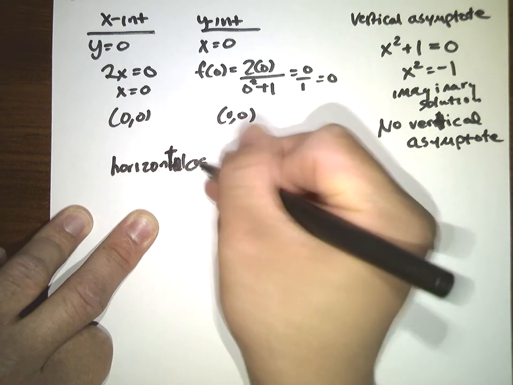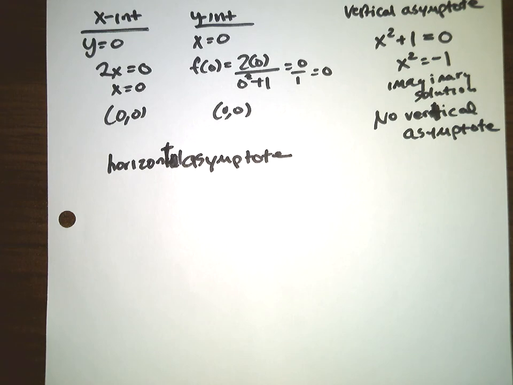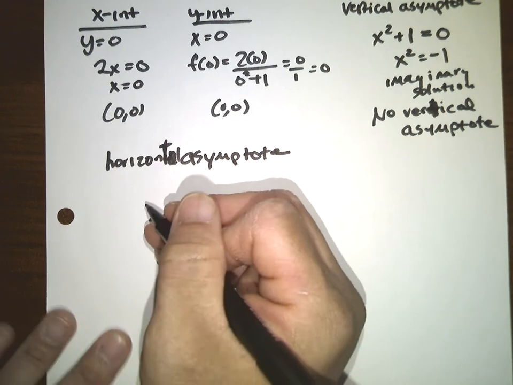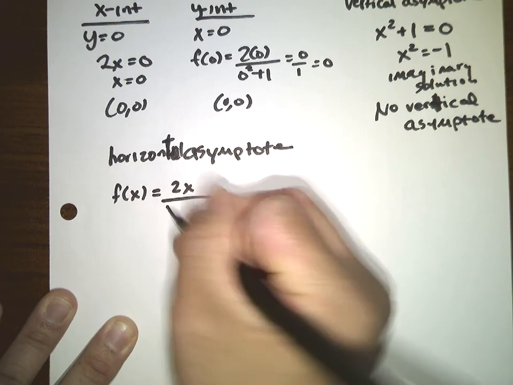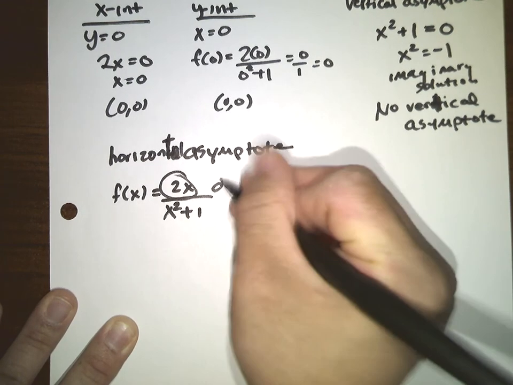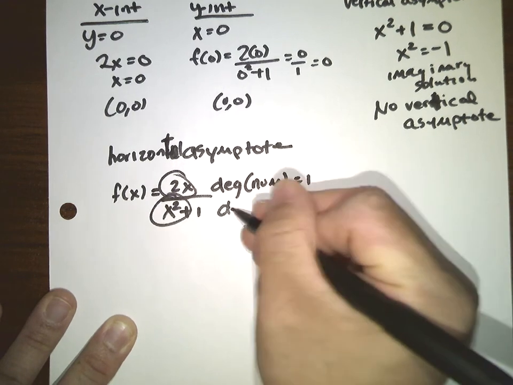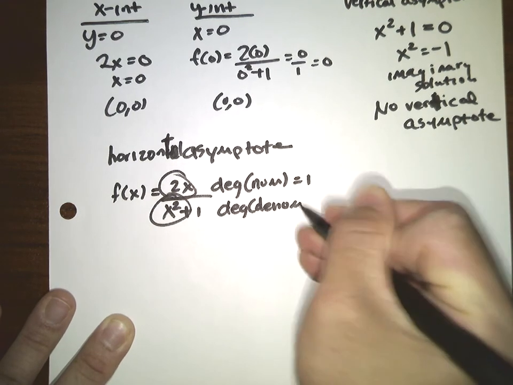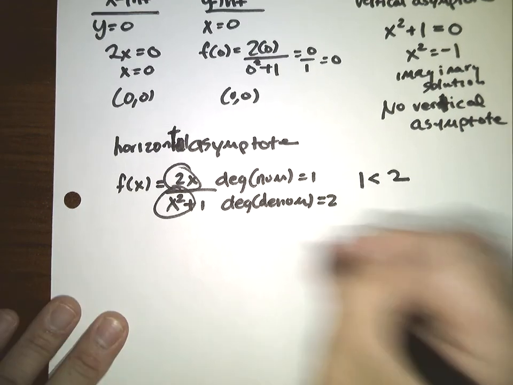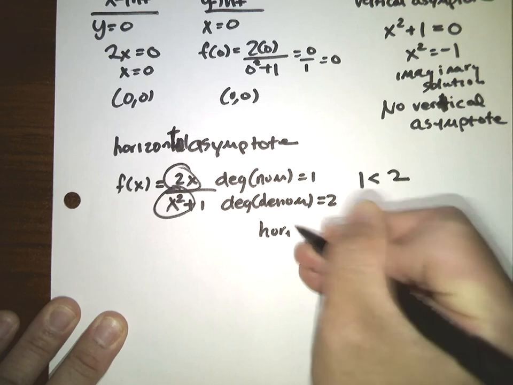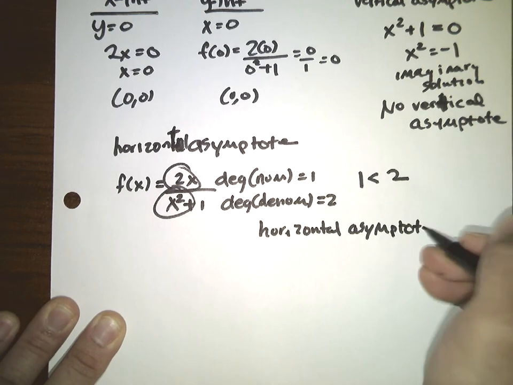I just look at the degree of the numerator and the denominator. f of x was 2x over x squared plus 1. Degree of the numerator was 1. Degree of the denominator was 2. So 1 is less than 2, which means that the horizontal asymptote is just y equals 0.